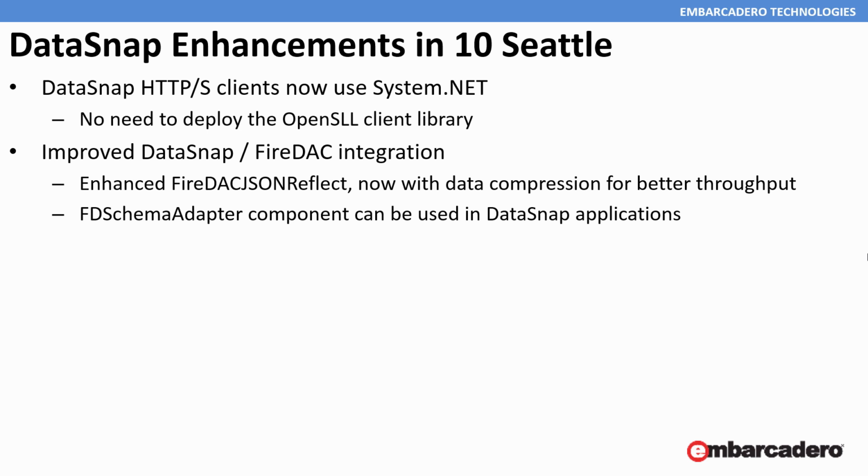We also support the FD schema adapter in DataSnap servers that can be used in your DataSnap applications, which makes it much easier to work with master detail database architectures in your applications by connecting the schema adapter on both sides, and then the JSON is sent between them with the metadata and data for the master detail relationship.